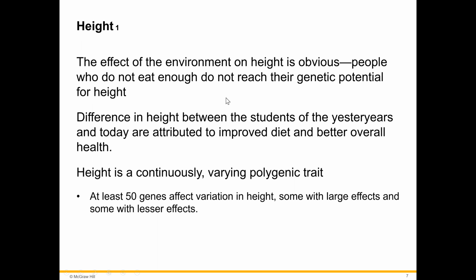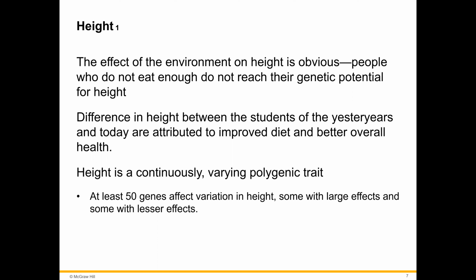The effect of the environment on height is obvious too, right? People who do not eat enough, for example, do not reach their genetic potential of height. So not only is height a polygenic trait, it's also complex or multifactorial because your environment plays a role.